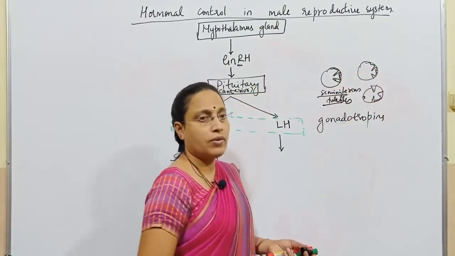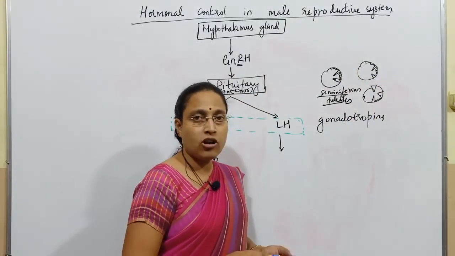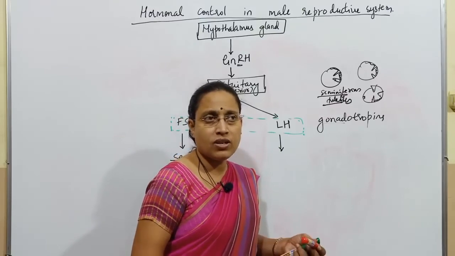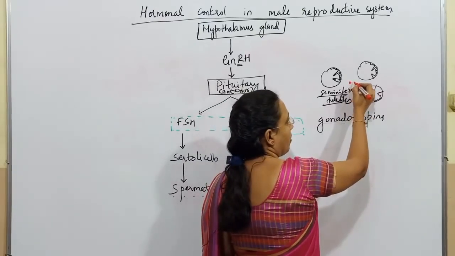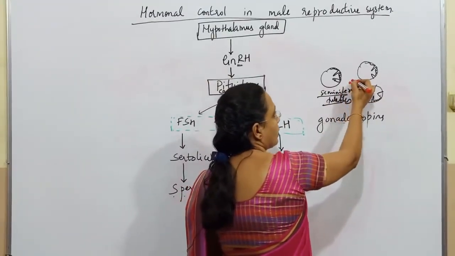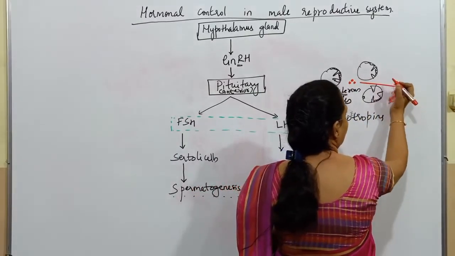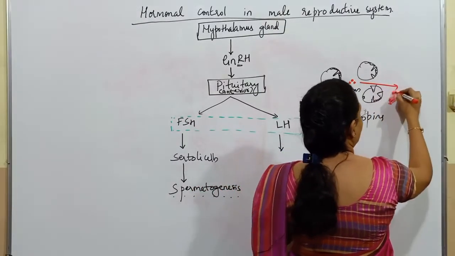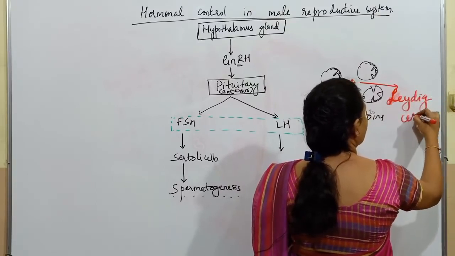Now between the seminiferous tubules, what is present? I told already, interstitium is present, and therefore what cells will be present? Interstitial cells. And they have a name named after a scientist. Even Sertoli is named after a scientist. So here these cells are called Leydig cells.